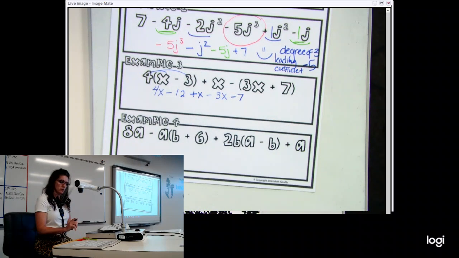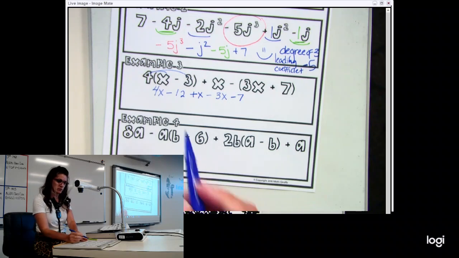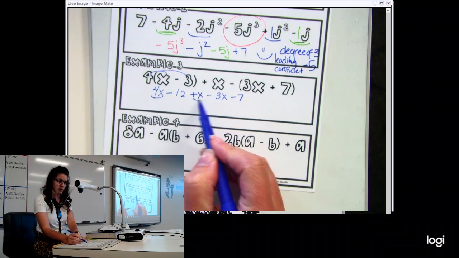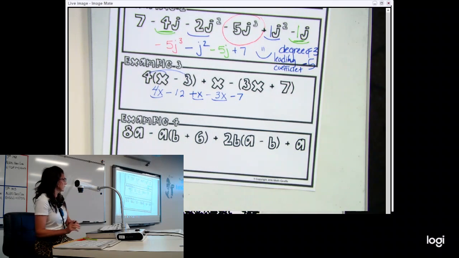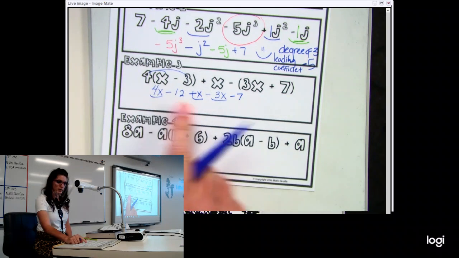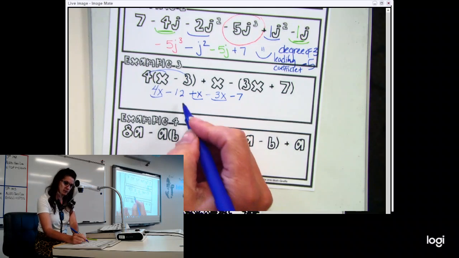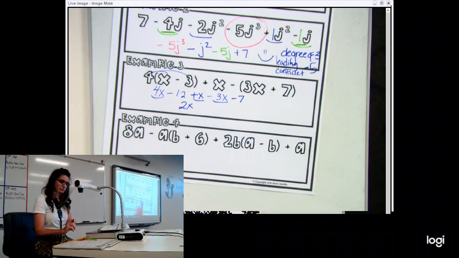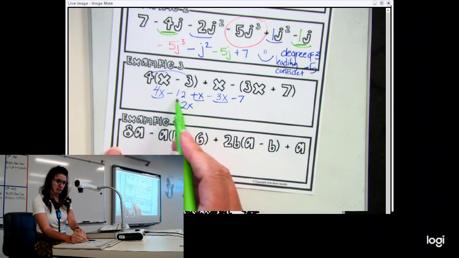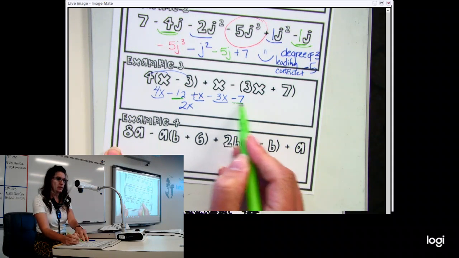All right, because you guys were so good at like terms a second ago on that example 1, I'm just going to highlight all those x's there. And then what is 4x plus x minus 3x? 2x. And then I have -12 and -7.